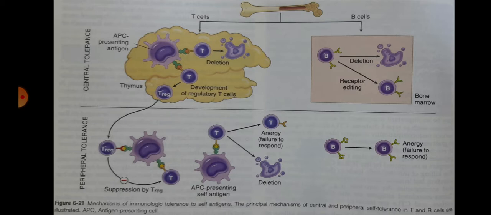Two mechanisms of deletion of mature T cells have been proposed, based mainly on studies in mice.